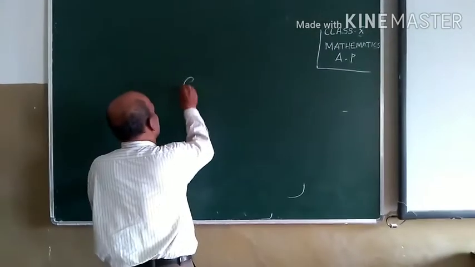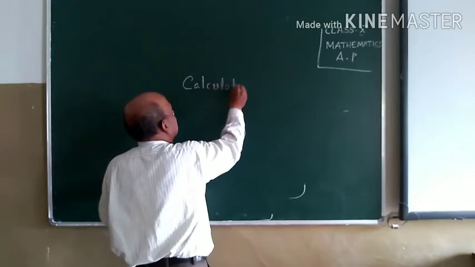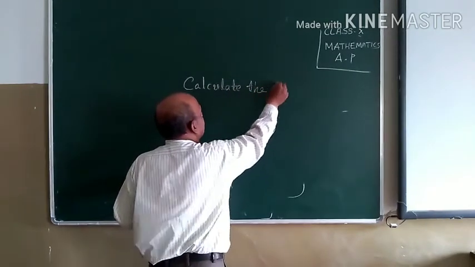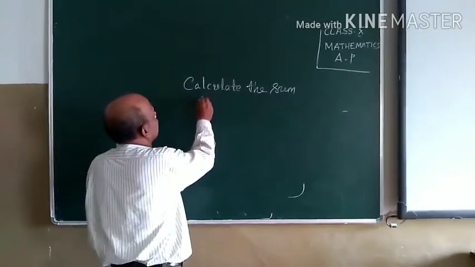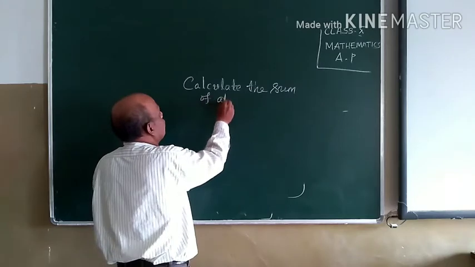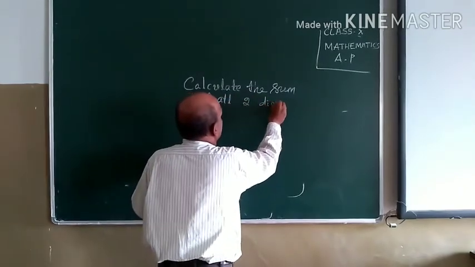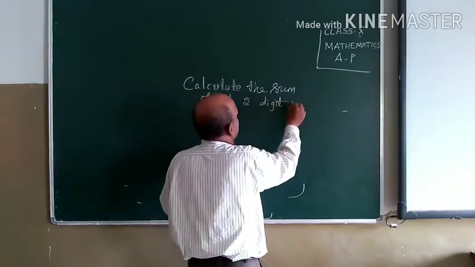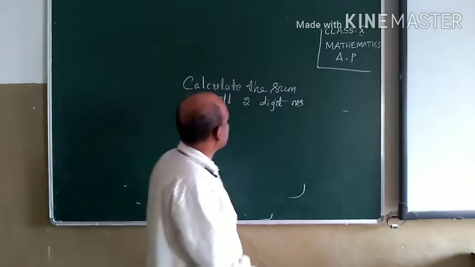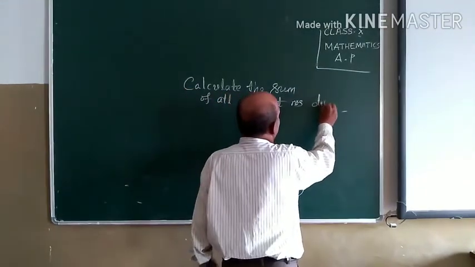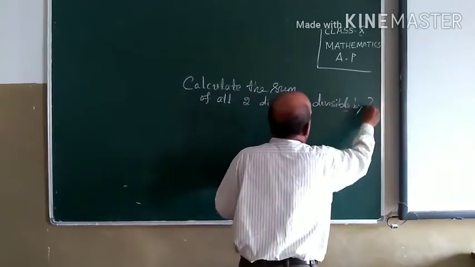Calculate the sum of all two-digit numbers divisible by 2.